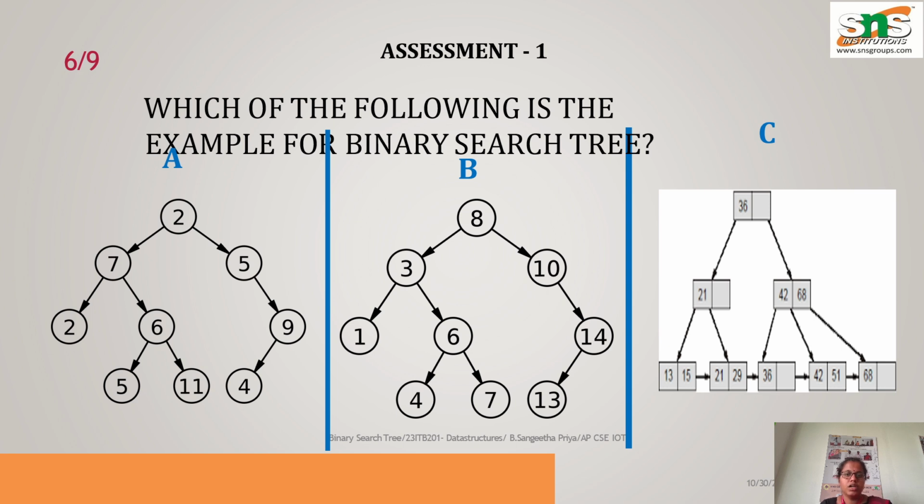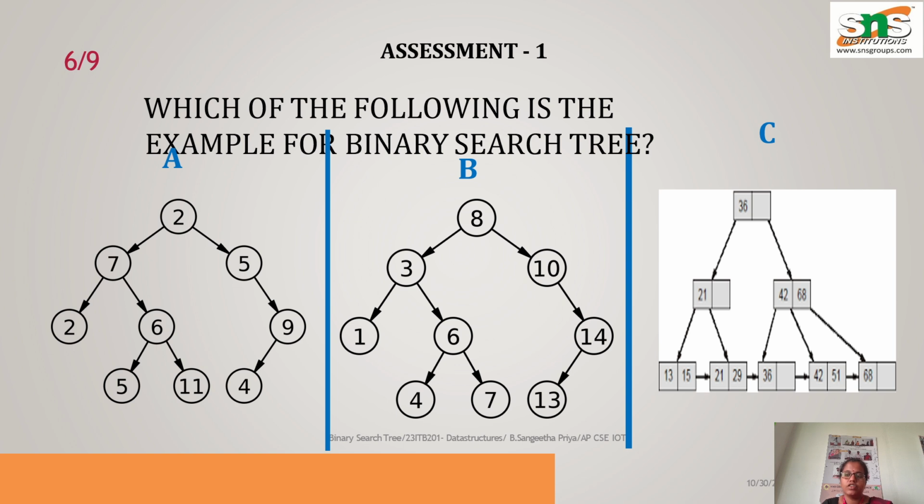Here in this example, which one follows the binary search tree? For the first one, 2 is less than 7 but it is placed in the left position, so obviously it is not a binary tree.